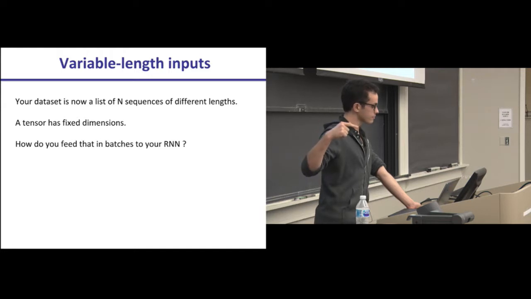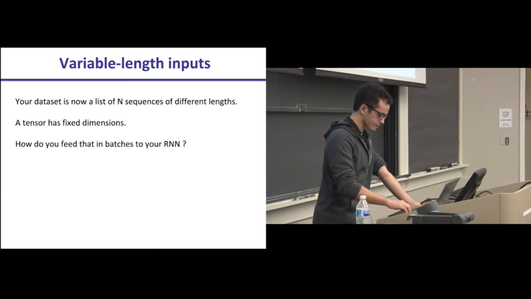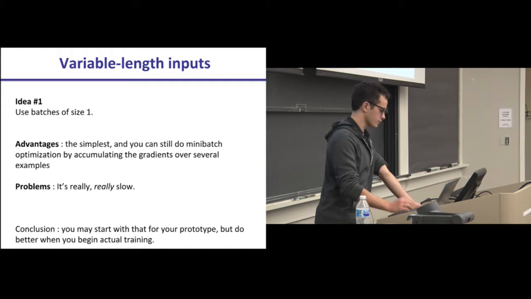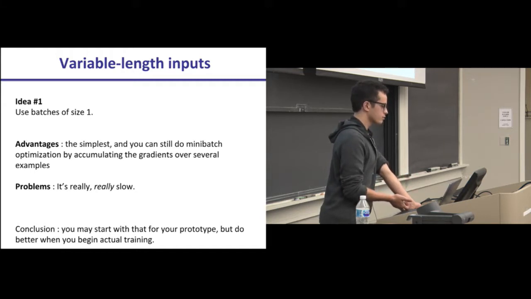Padding is one idea. There is a simpler one, and we're going to get to that. The first thing you might want to try is to just avoid the problem and not do batches at all. You can use batches of size 1. It works, and it's the simplest thing you can do.